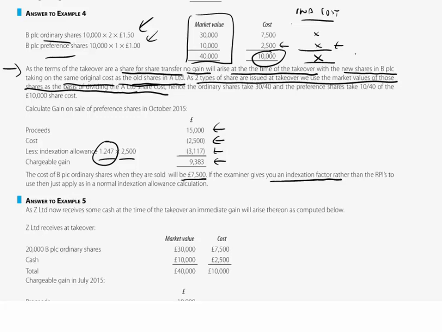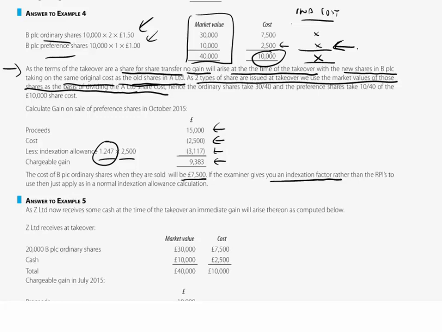All you would then have to do on a subsequent disposal of those preference shares in October 15 is to re-index that index cost figure there from July 15, the date of takeover, through to the date of disposal, October 15. It would have been extra calculations of indexation that would have been required to do it technically correctly.